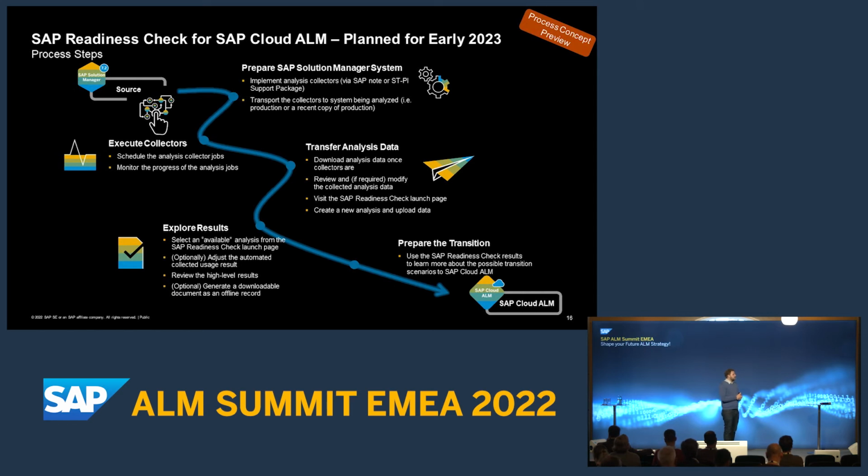Let me now wrap it up by telling you how is the process to get from your SAP Solution Manager system to the result of the analysis that I have just shown. Same as the other readiness check scenarios, we start by scanning our source system. In this case, it is our SAP Solution Manager system.